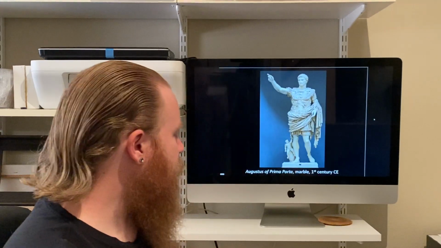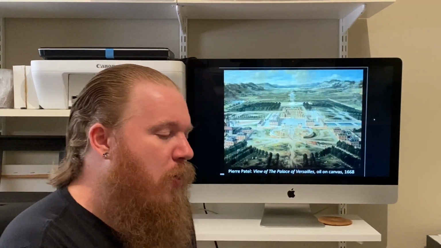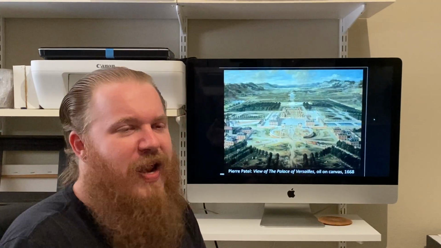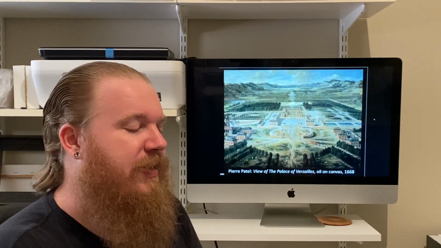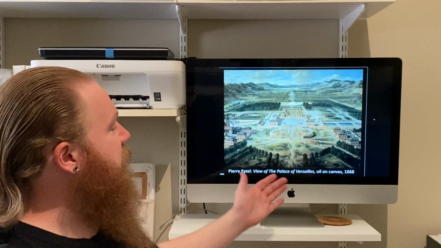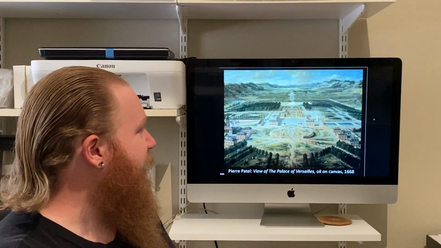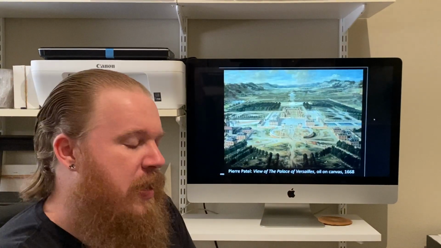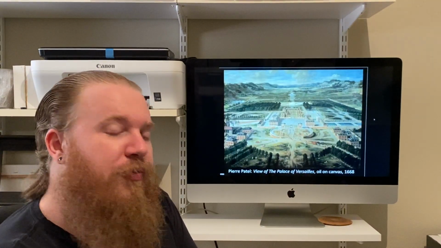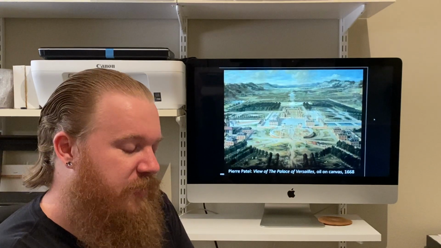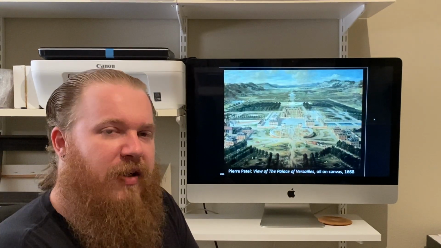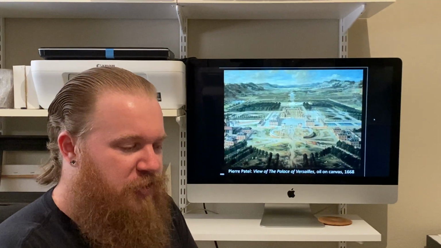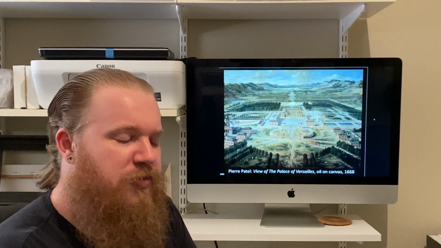Now, this is nothing new, though. Kings and rulers have been doing this, trying to persuade us of their grandeur and everything like that for many, many centuries. Here we can see an example. This is an exterior view painting of the Palace of Versailles. This was the palace where the French monarchy held its court between the reign of Louis XIV and Louis XVI, when the French monarchy was overthrown by the French Revolution.